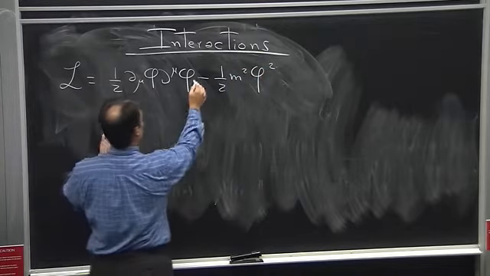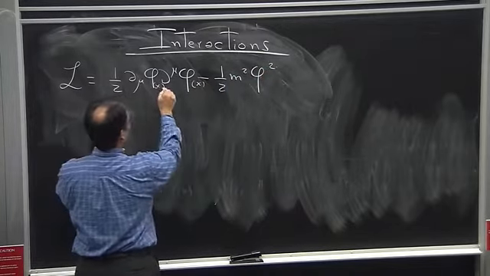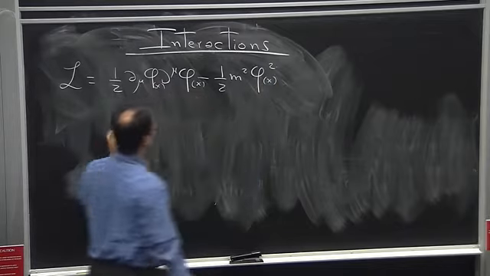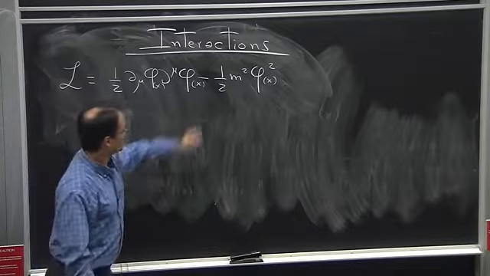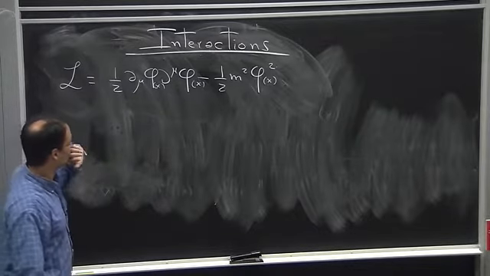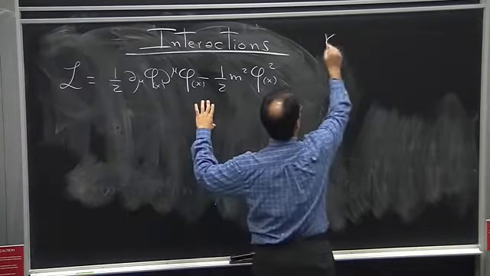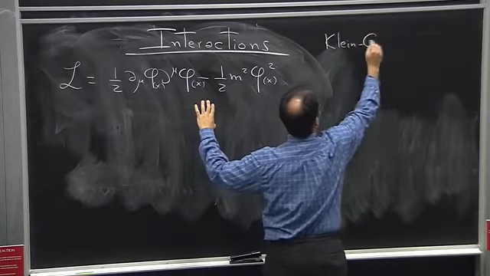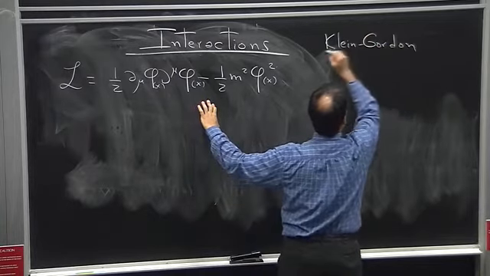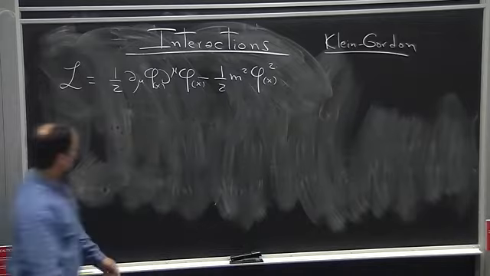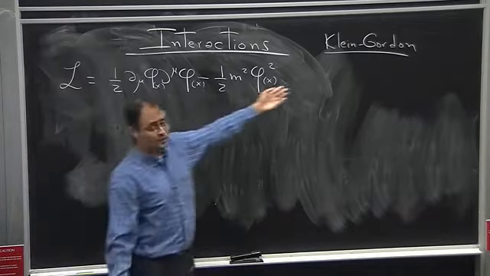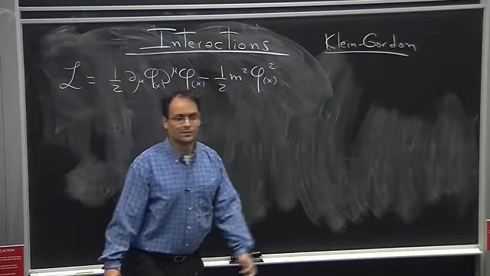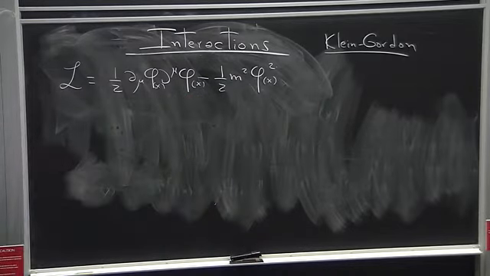So let me put this: this is our Lagrangian density for our Klein-Gordon theory. And we can ask, how can we mess around and make this more complicated?